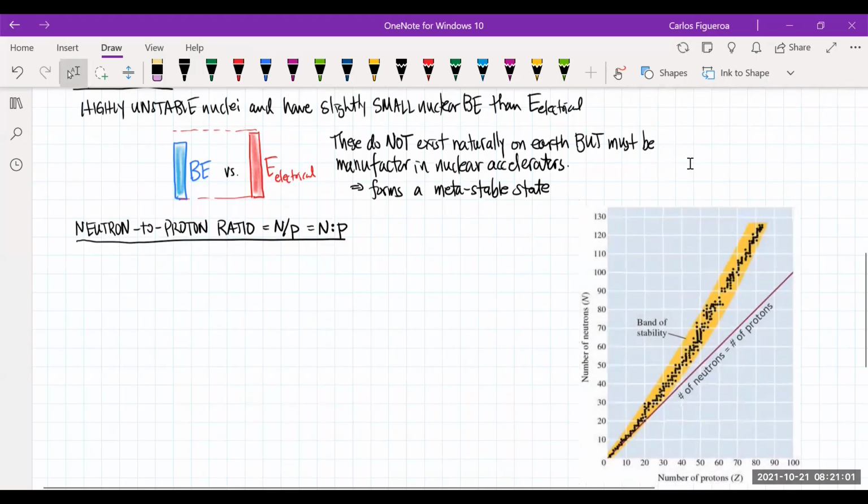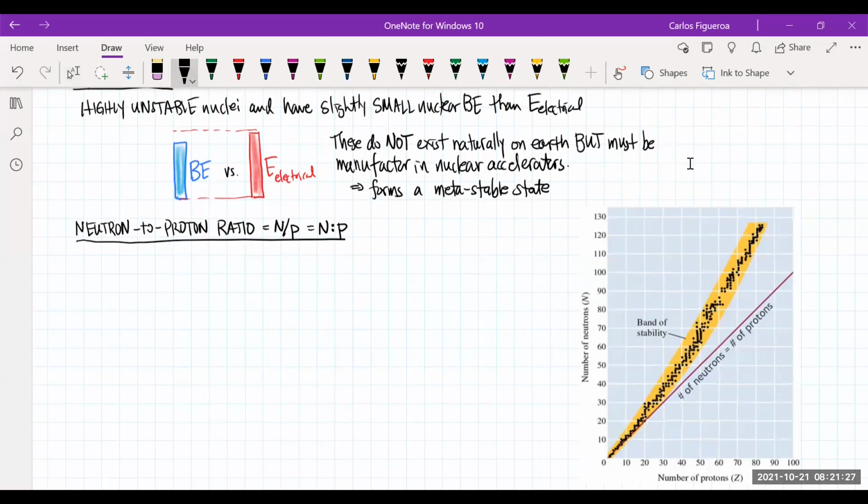Okay, so let's start looking at this. When we look at the black band of stability, we clearly see which nuclei are stable. And one of the most telltale things about stable nuclei is that there are more neutrons than protons as the nuclei get heavier.